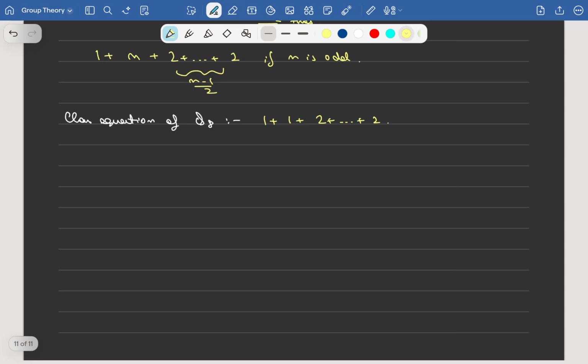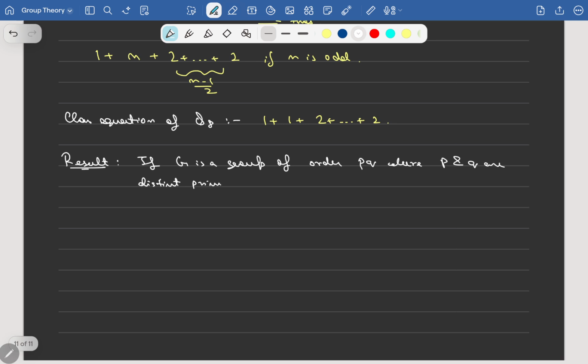Should I discuss something more? Nevertheless, let's leave it. Let us give an interesting result for the time being. If G is a group of order pq, where p and q are distinct primes, and suppose p does not divide q minus 1, then G is isomorphic to Zp cross Zq, which is actually isomorphic to Zpq.